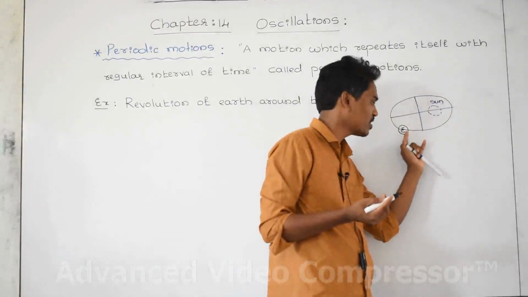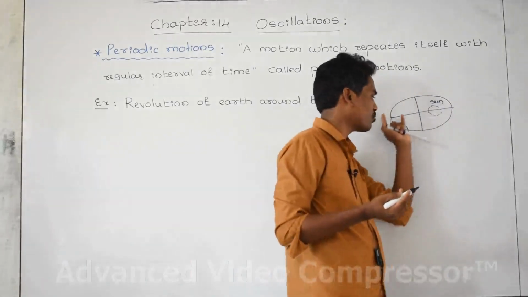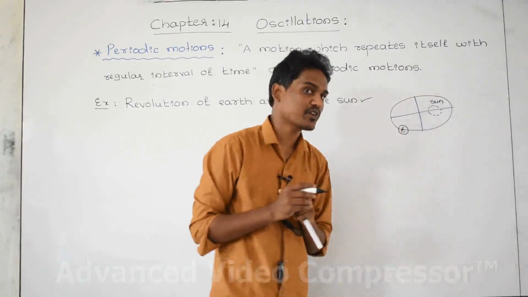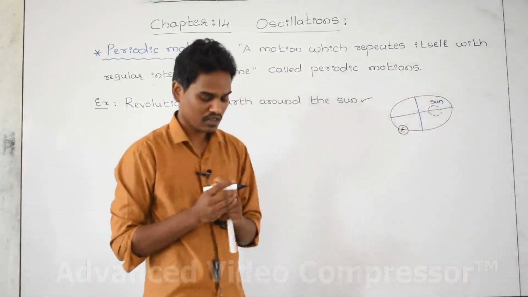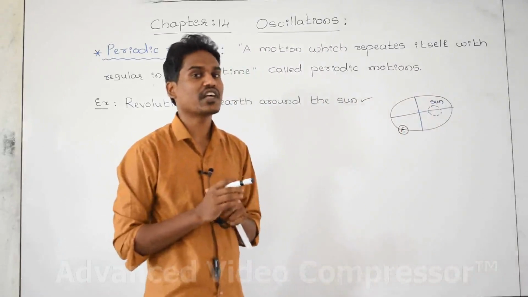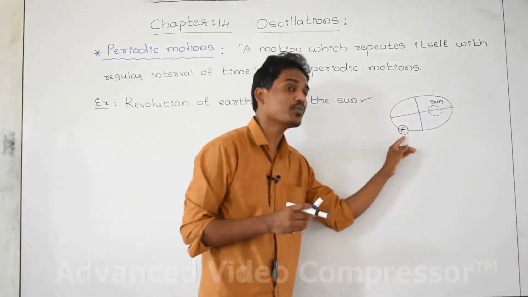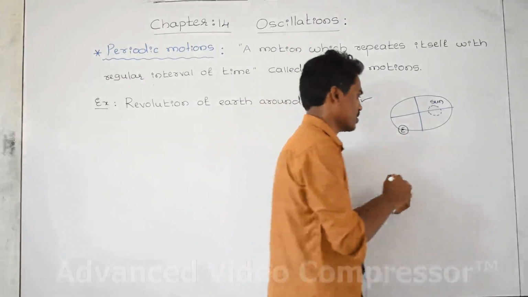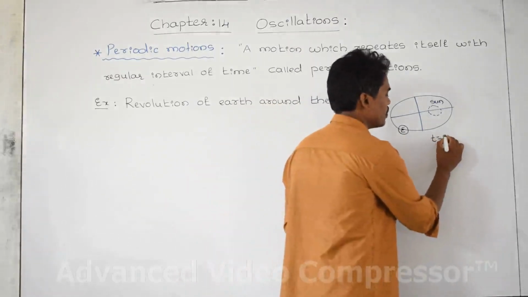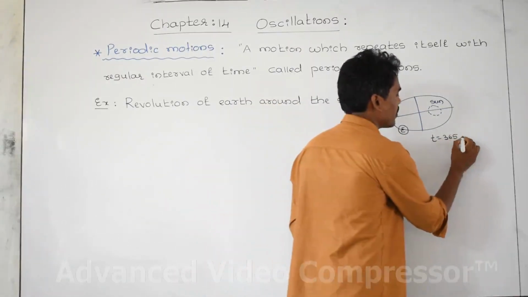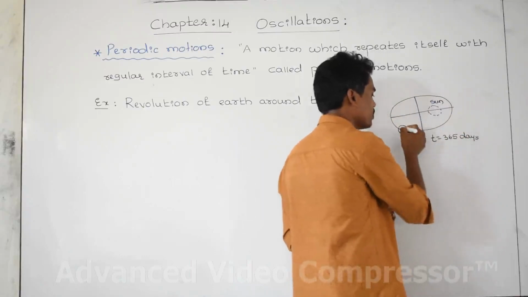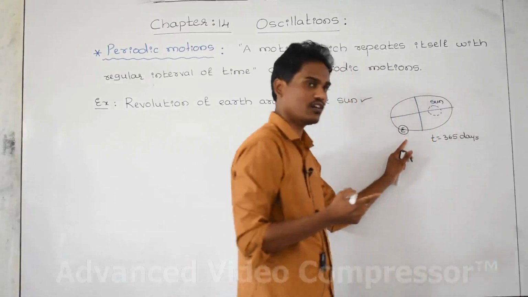For the fifth revolution also it takes the same time, 365 days, that is 1 year. Think yourself: what is the time taken by the earth to complete one revolution? That is 365 days.